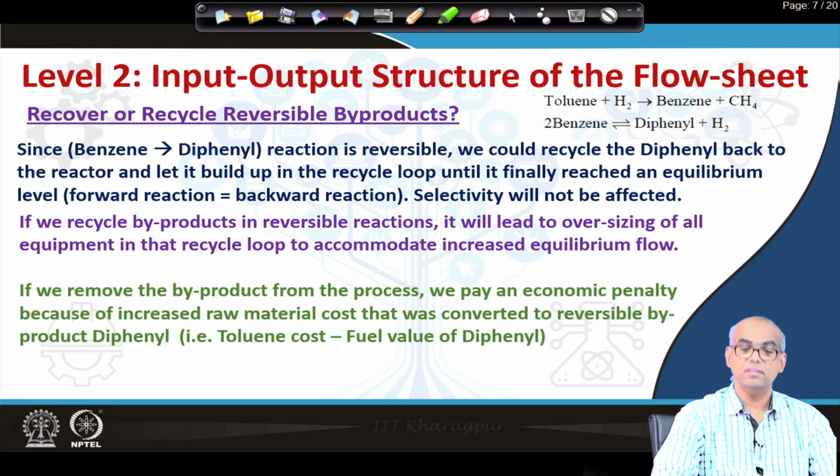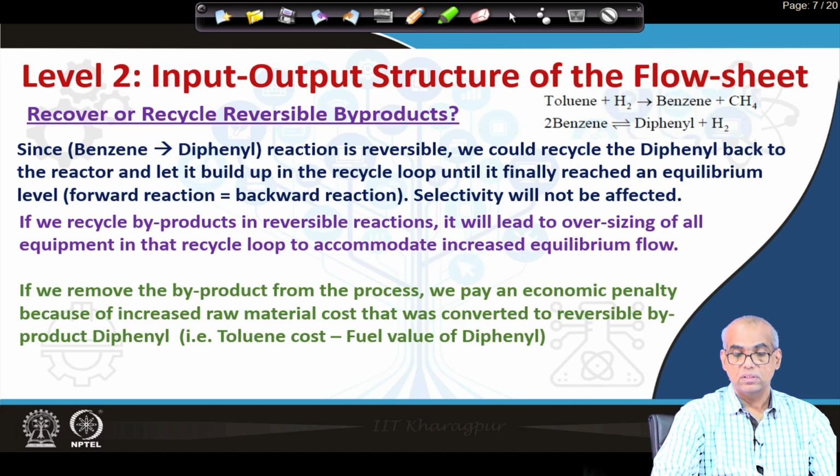But if we decide to remove the byproduct from the process, then we pay an economic penalty because of the increased raw material cost that was converted to the reversible byproduct diphenyl. So, basically you look at the cost of toluene and the fuel value of diphenyl.